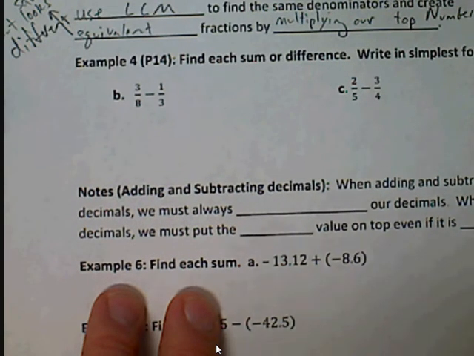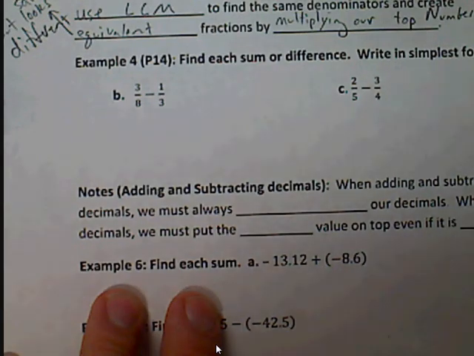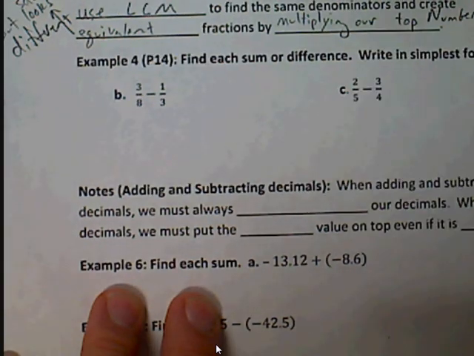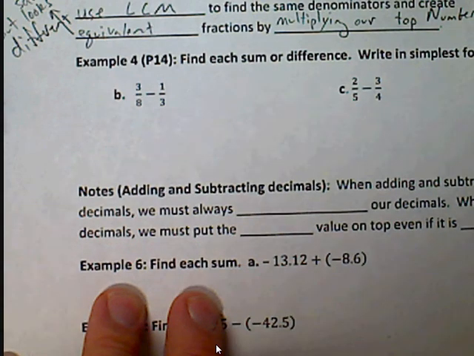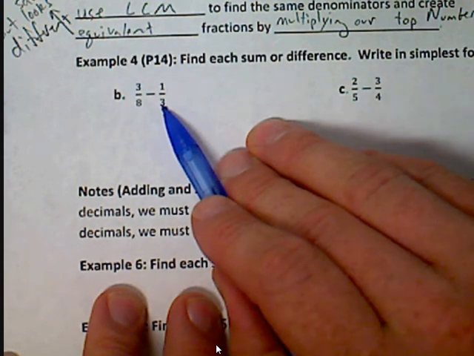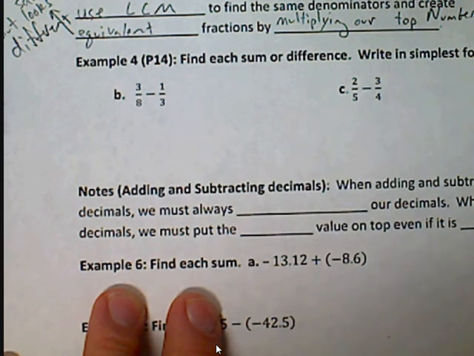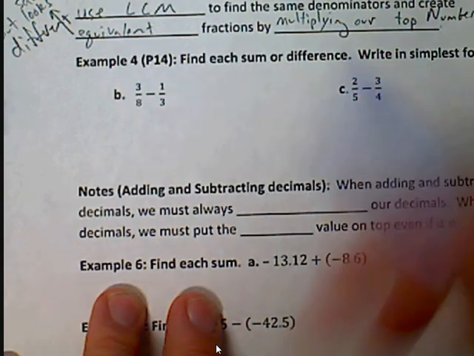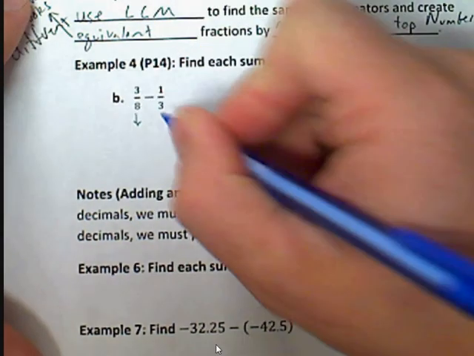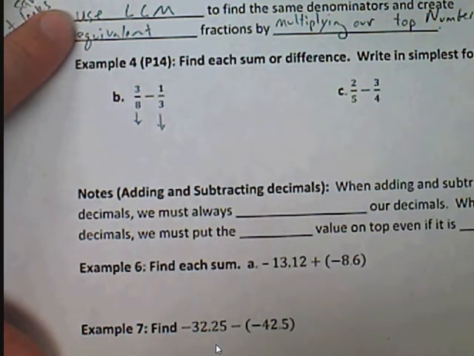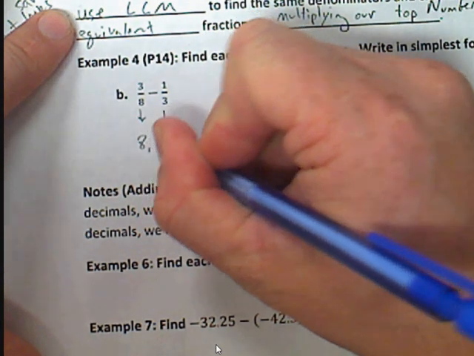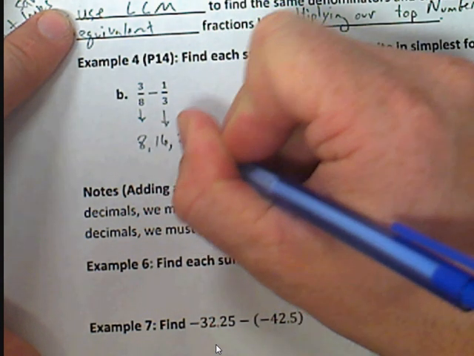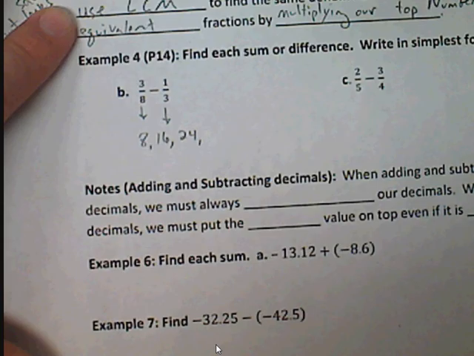So we are on example 4, which is the same in your book on P14. Find each sum or difference, write in simplest form. 8 and 3 are different, which means we have to use our LCM, least common multiple. So if I were to count by 8 and count by 3, what is the first number they have in common? 8, 16, 24, so on and so forth.